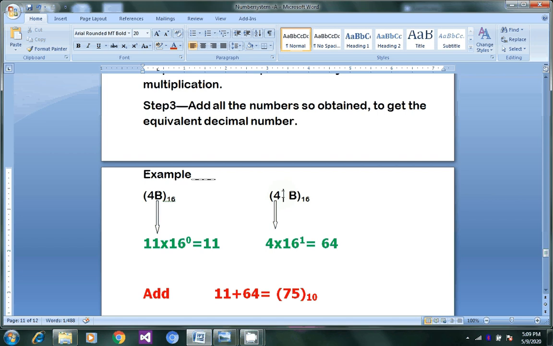And after B, come to the 4, 4 into 16 to the power 1. From the right it is 16 to the power 0 for B, and for 4 it is 16 to the power 1, which is equal to 64.